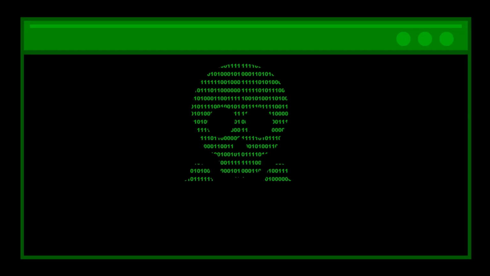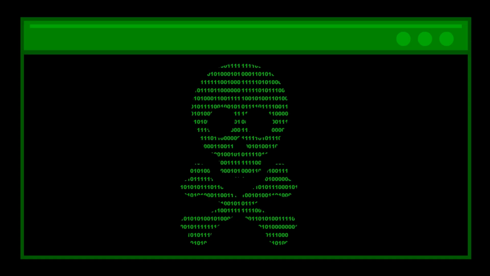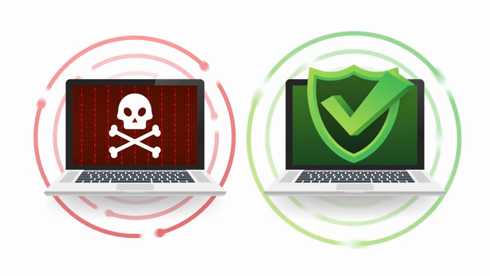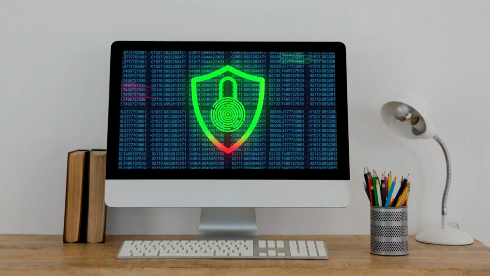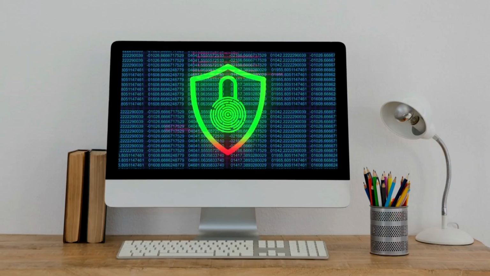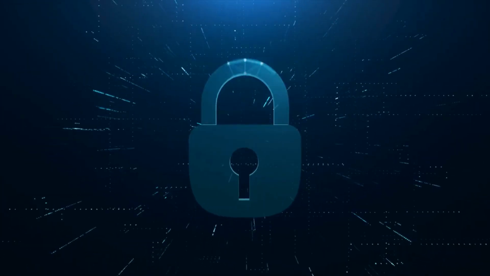Early viruses, like the Creeper virus, 1971, were simple and non-destructive, but set the stage for the future of malware. In response, Ray Tomlinson created the first known antivirus program, Reaper, to delete Creeper, marking the dawn of cybersecurity defenses. As computing became more mainstream, the need to protect systems and data increased, but early security was minimal.